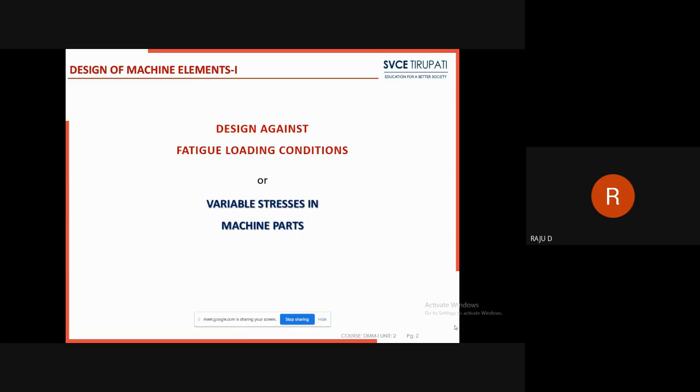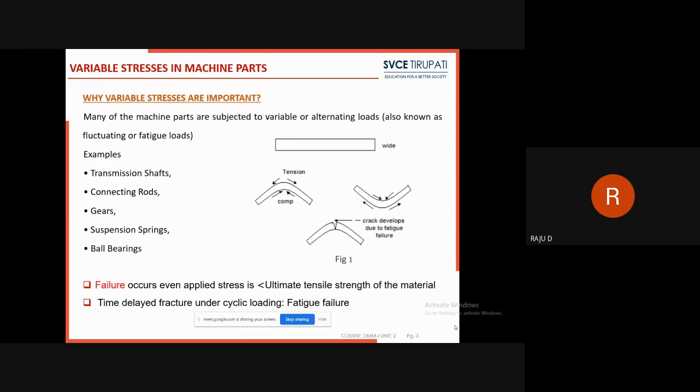Generally we observe these variable stresses in many applications like ball bearings, springs, gears, rods, and shafts. In these applications, we mainly observe variable stresses due to the fluctuating or fatigue loading condition. For example, take the spring. When you apply the load, the spring compresses.